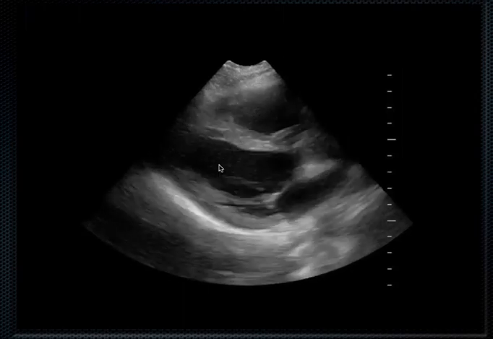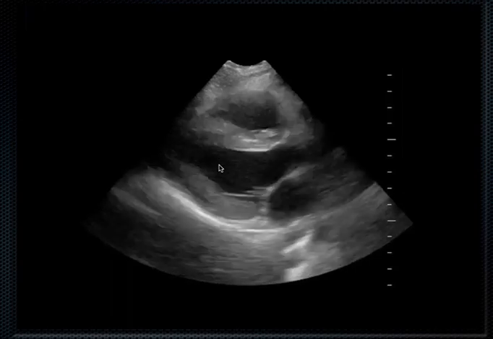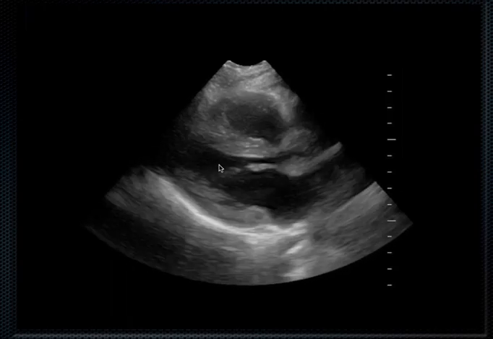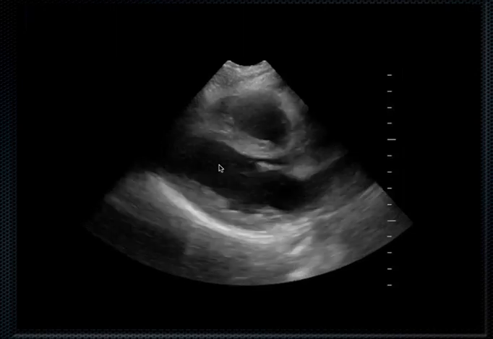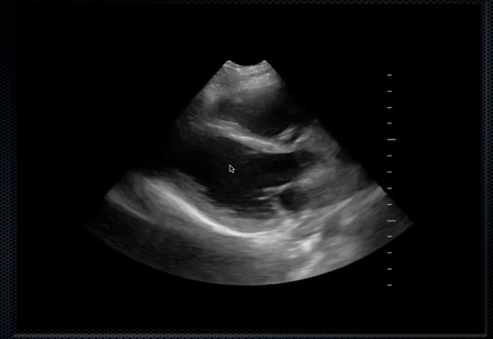And that's good. So another way to think about this is the end diastolic volume that's in the heart compared to the end systolic volume. So let's see here. Here's the end systolic volume. Notice that there's just not much left in terms of the volume. That's good. It pumped it all out. Compared to the end diastole, where it's nice and full.